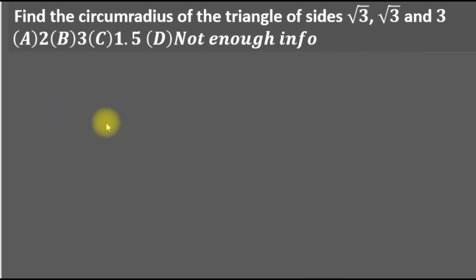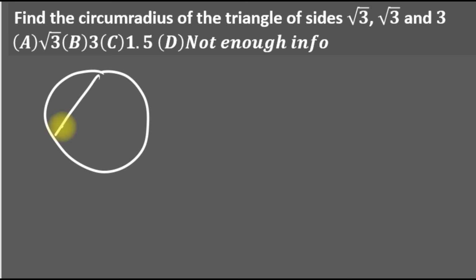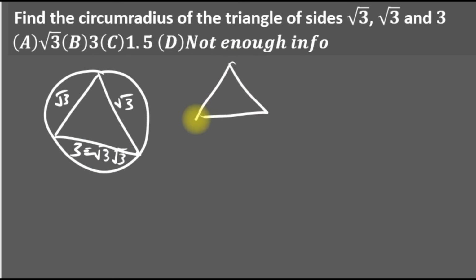Example, if you are given this circle, so the sides are root 3 and 3. What you notice is that I can relate the side 3 as the same thing as root 3 times root 3. So with this, we now see that the triangle inside is a 30, 30, 120 triangle, because the ratio of the sides is 1 : 1 : root 3.